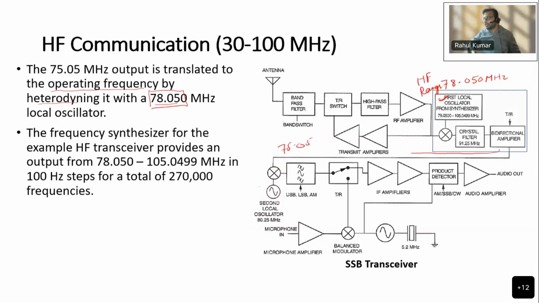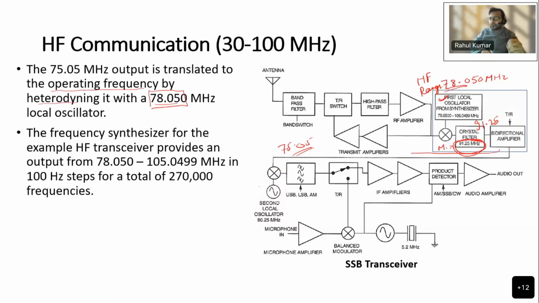Again you use a crystal filter, and this crystal filter will generate a frequency of 91.25, and you have a mixer here. Your 75.05 signal and the signal from your crystal filter will be mixed, and finally you will get a slightly higher frequency.